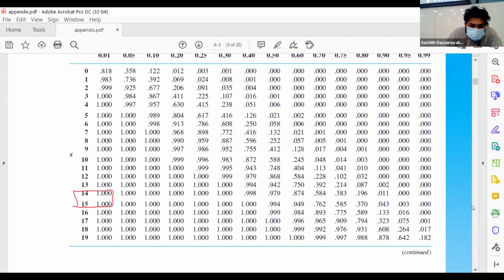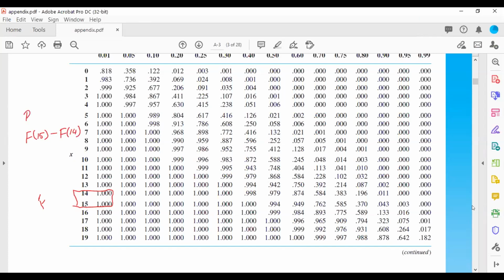How do you find the point probability? You have to find capital F of 15 minus capital F of 14, right? This is the probability of capital X equals 15 that you are going to find. So what is this value? It is 1. What is this value? It is 1. So the probability is 0.